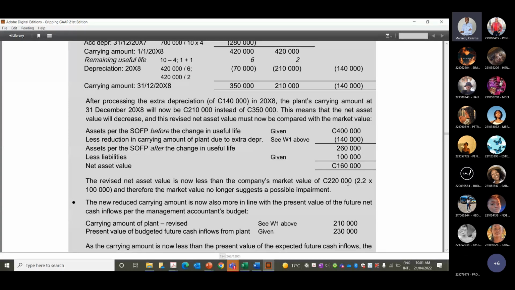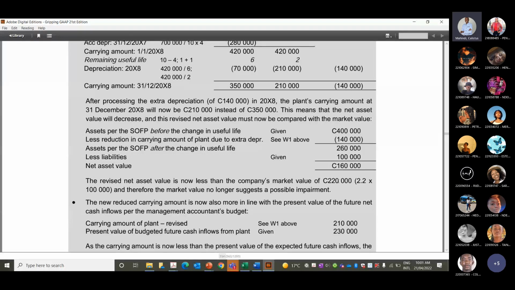It no longer suggests that the plant is impaired. So let me just read that bullet. The revised net asset value of 160,000 is now less than the company's market value of 220,000, and therefore, the market value no longer suggests a possible impairment.